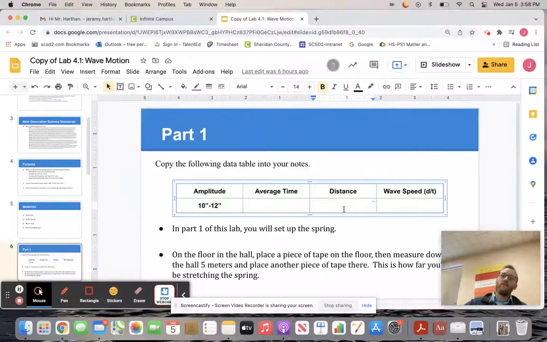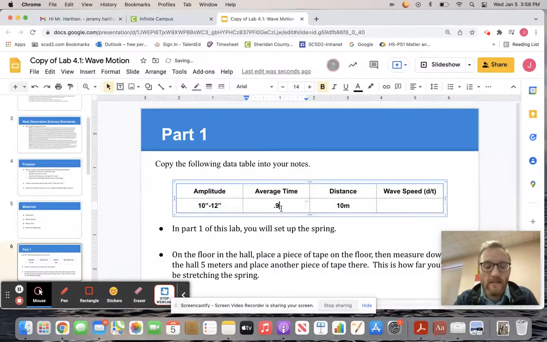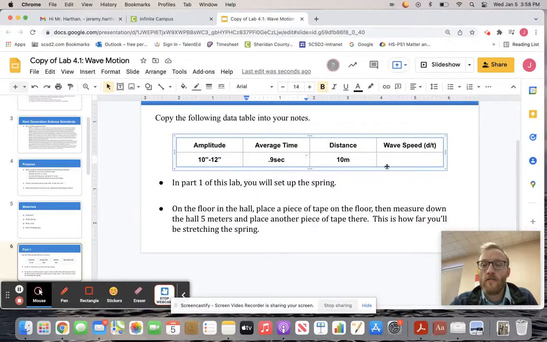When we released the wave, it went down 5 meters and came back 5 meters, so that gave us a total distance of 10 meters. When we timed this, on average, it took about 0.9 seconds for that wave to get down to our partner and back. Use those numbers to calculate your wave speed.